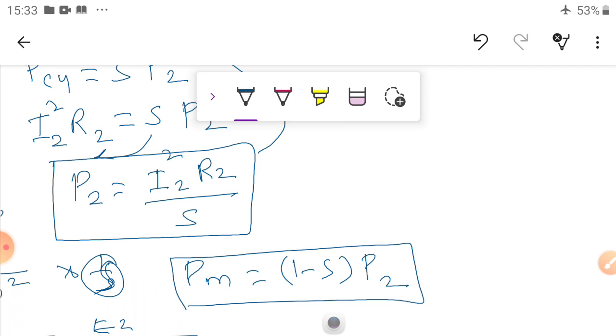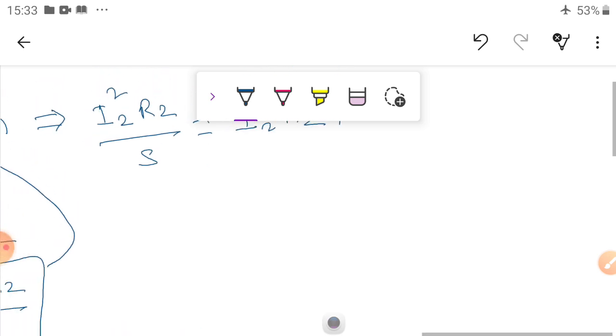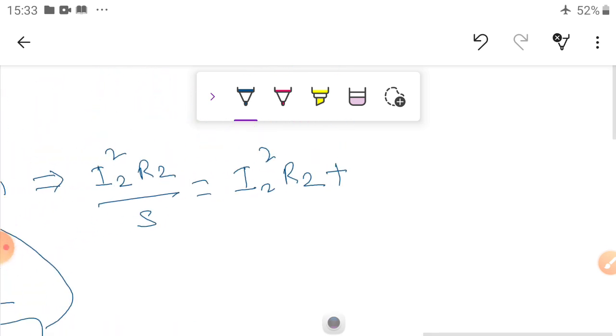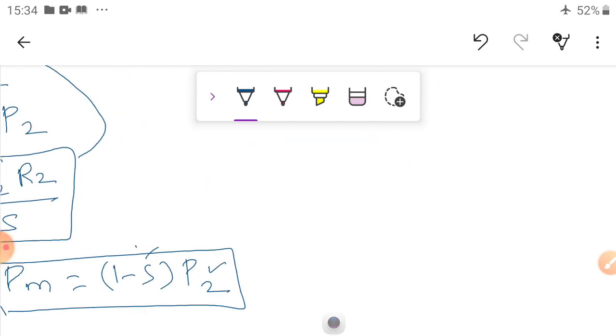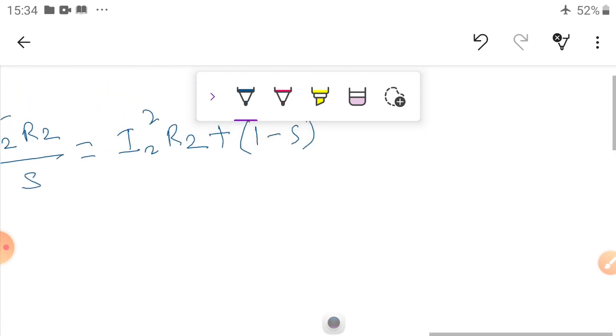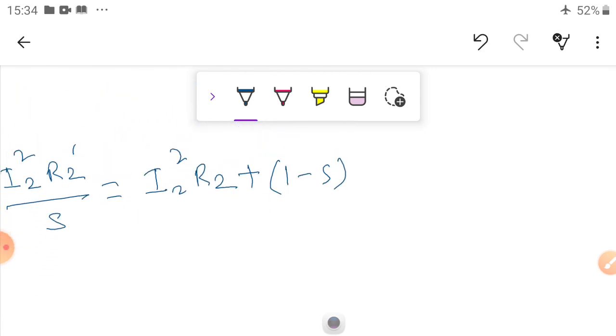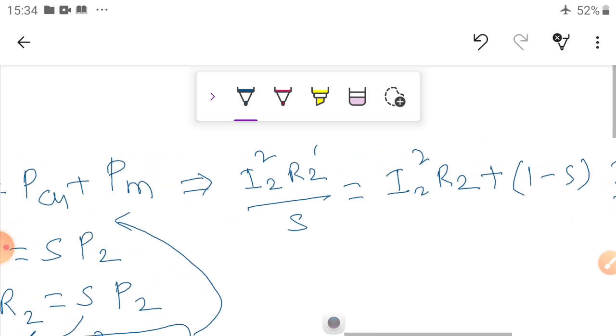Based on this, so I can write, instead of PM, 1 minus S into P2. What is the P2? P2 is equal to I2 square R2 by S. These are the equivalent circuit here. Now what happens?